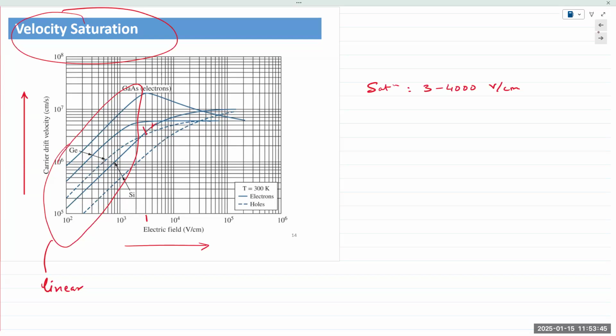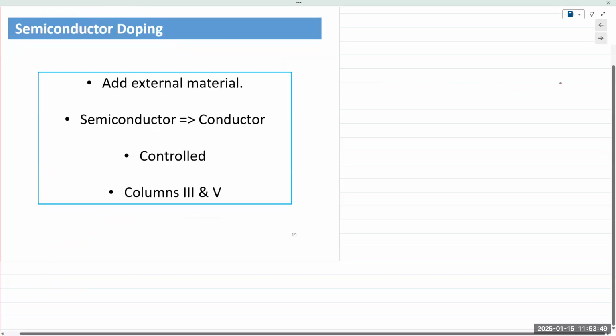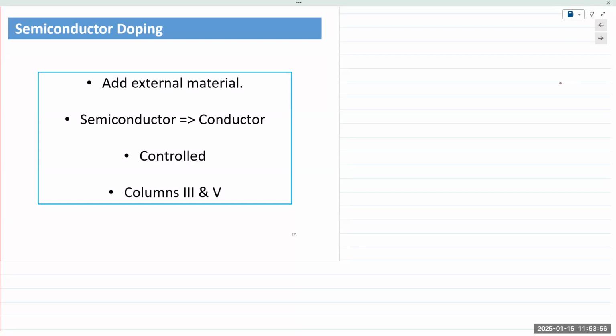All right. So we talked about intrinsic material, right? Those intrinsic charge carriers are not in sufficient quantity to create any electrical device or electronic device. So what do we do? Well, we introduce more charge carriers externally.